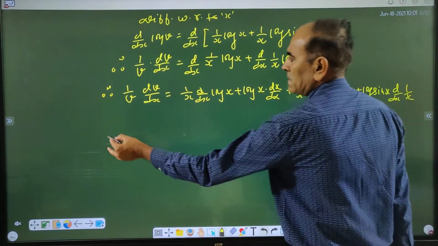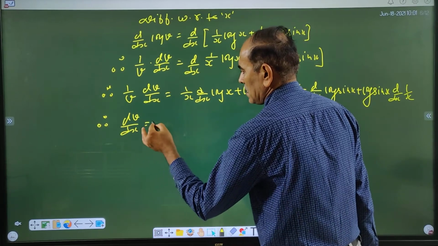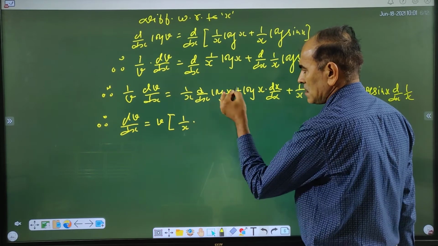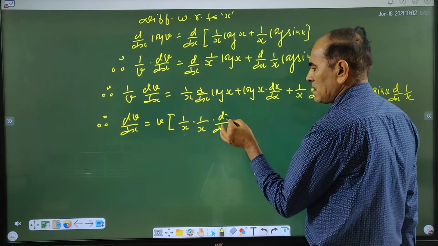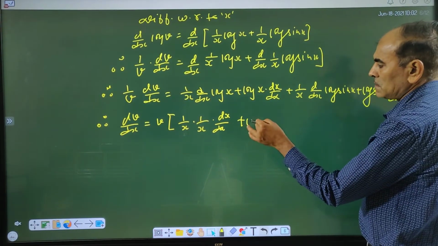So what do we get? dv by dx is equal to v of 1 by x, log of some function, 1 by some function into d by dx of some function, plus it comes out log x.